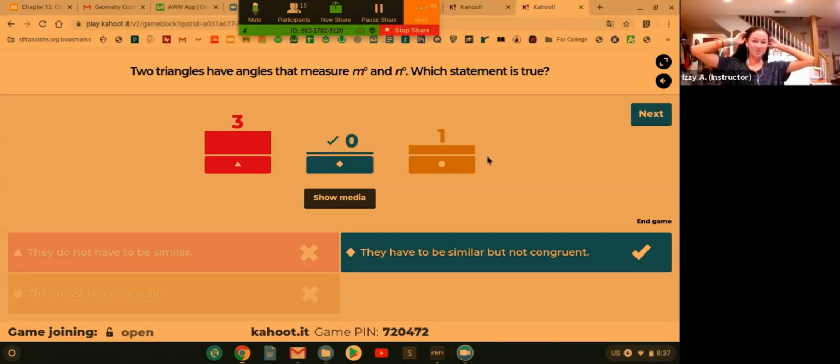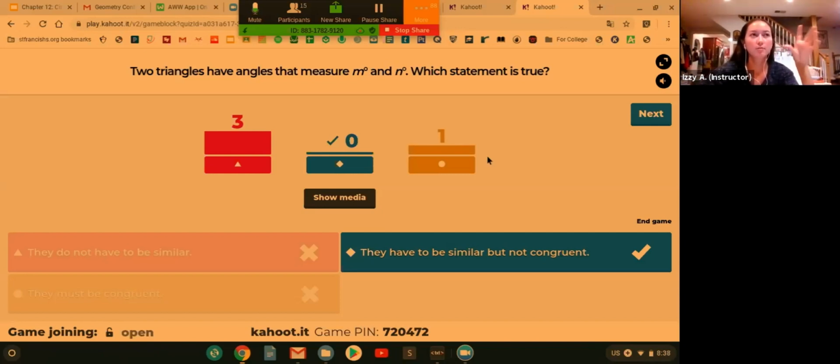So basically, remember that in congruent triangles, all of the sides and angles have to be congruent, but when two different triangles have two angles that are the same, that doesn't necessarily mean that the triangles also have congruent sides.